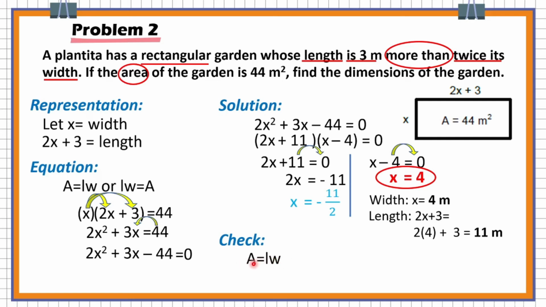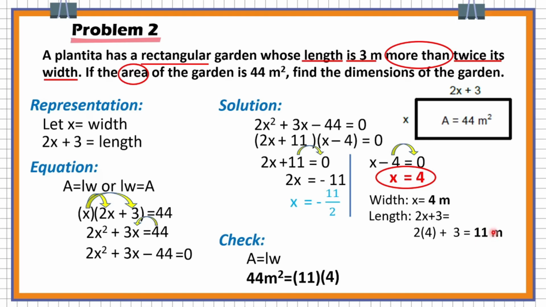So, substitute the value of A, which is 44 square meter. Our length dito kanina is 11 meters. And our width is 4 meters. So, 11 times 4 is equal to 44. So, our correct answer is, the value natin is 4 and 11 meters.